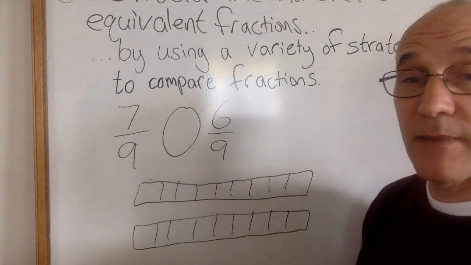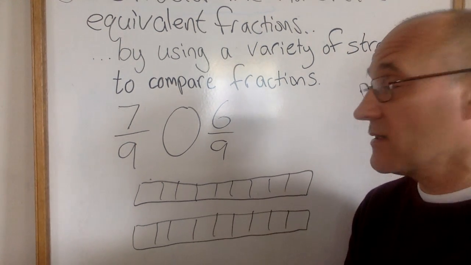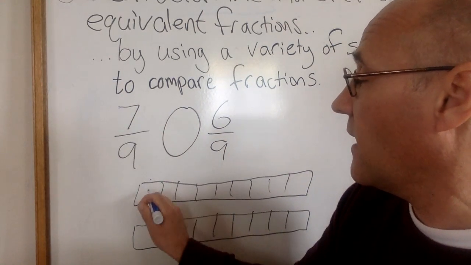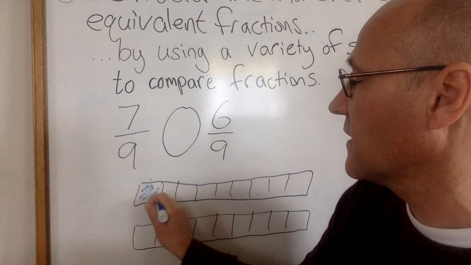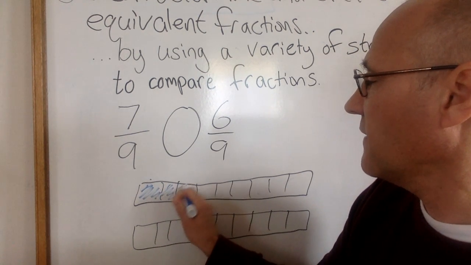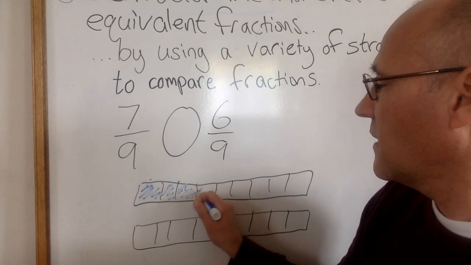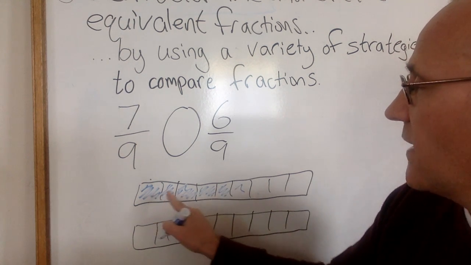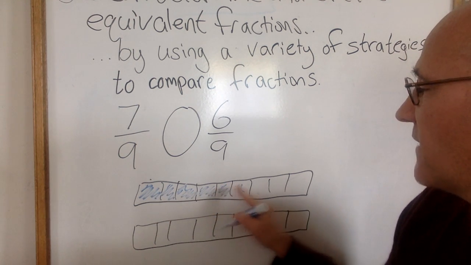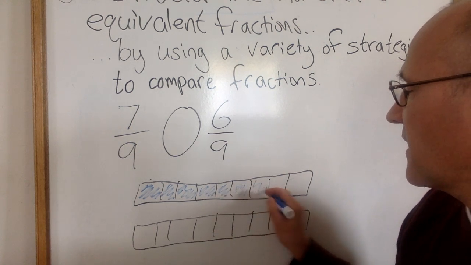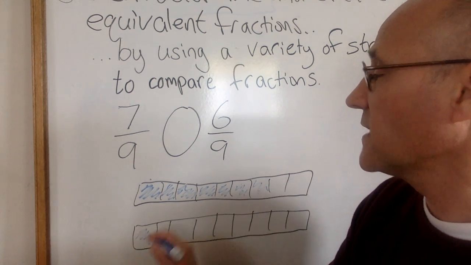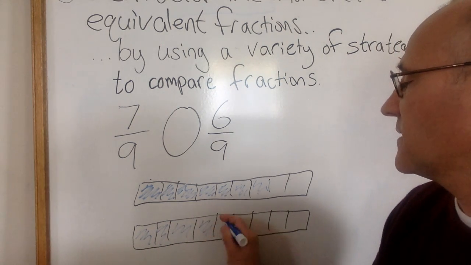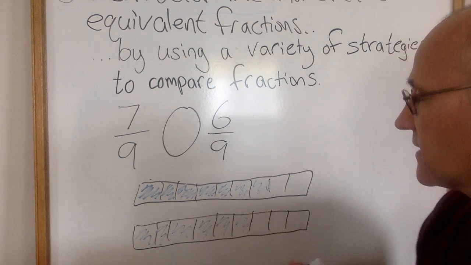And when I draw my fraction bars, they're not perfect, so it's a little misleading, which is the word I was looking for. But I have 1/9, 2/9, 3/9, 4/9, 5/9, 6/9, 7/9. 1/9, 2/9, 3/9, 4/9, 5/9, 6/9.